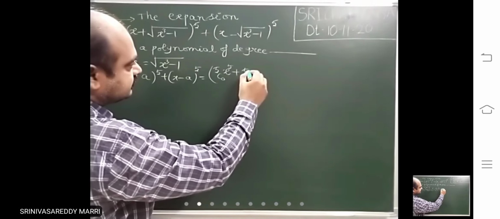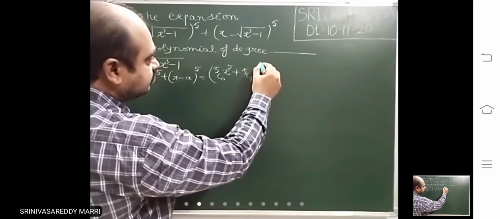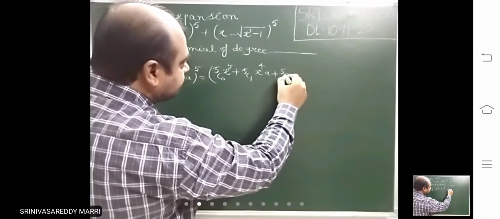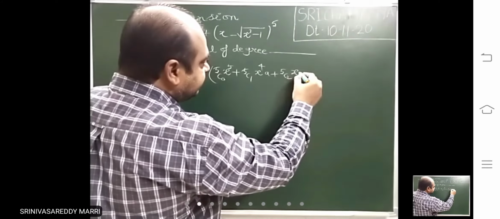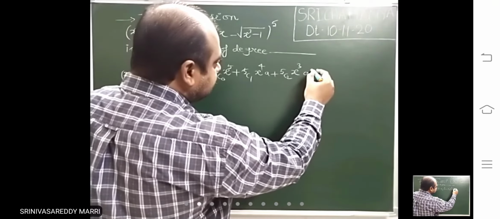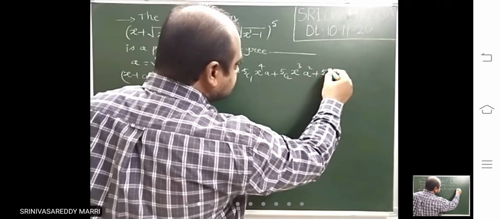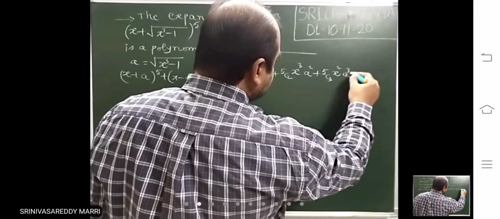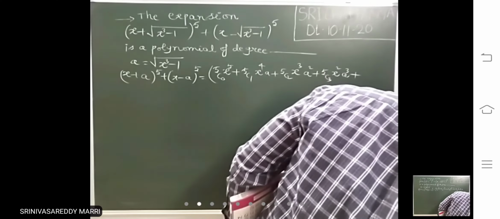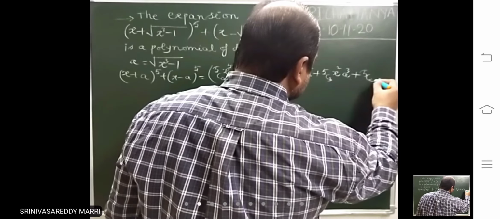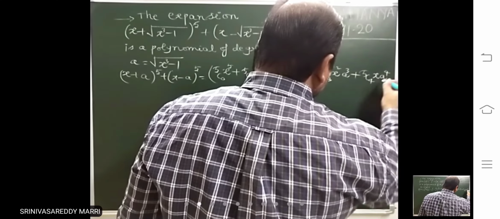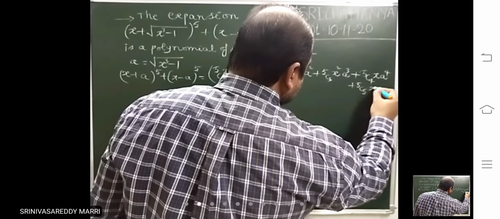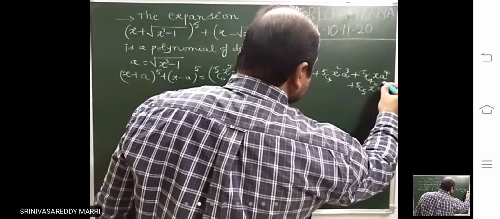Yesterday we have discussed this. Plus 5c1 x power 4 into A, plus 5c2 x power 3 into A square, plus 5c3 x square A cube, plus 5c4 x A power 4, plus 5c5 x power 0 A power 5.